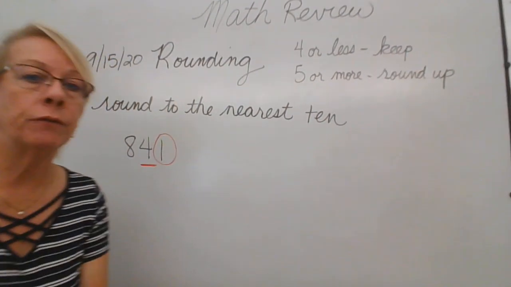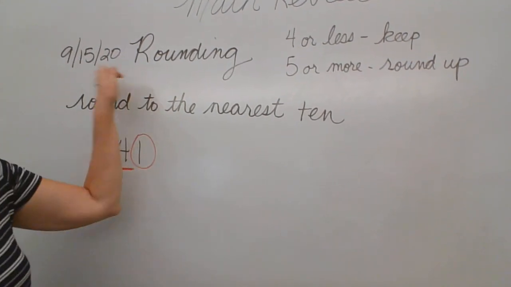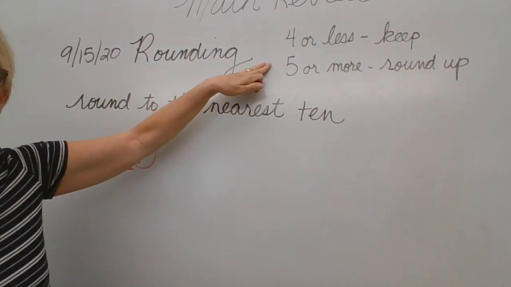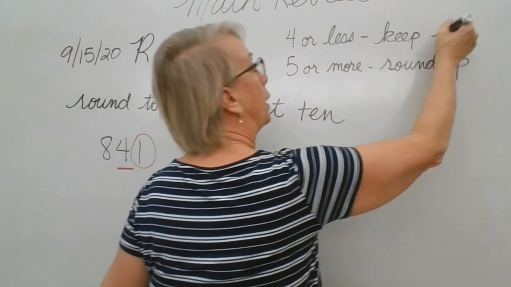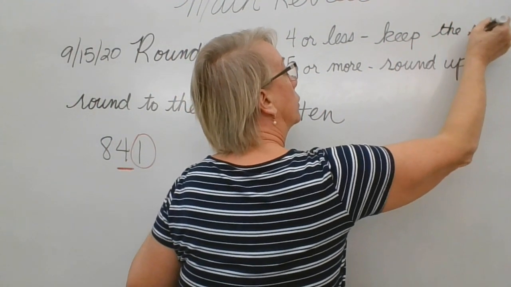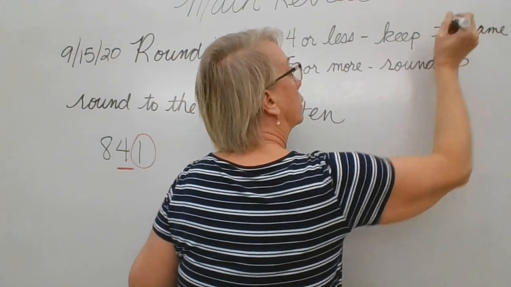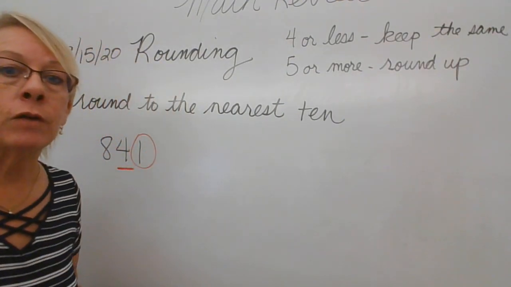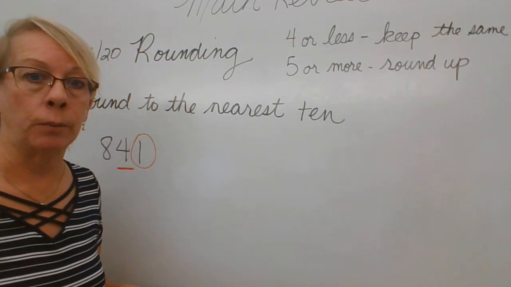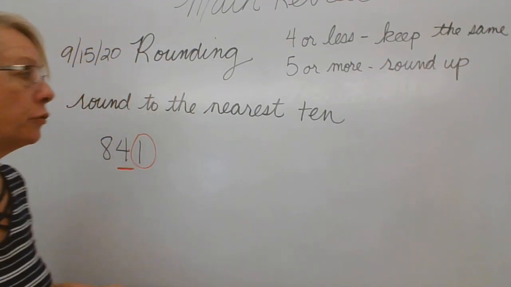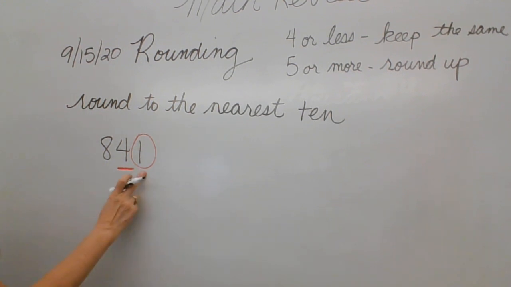So write that at the very top, right next to rounding. You're going to write the rule. That's the question you're now going to ask yourself about this number.